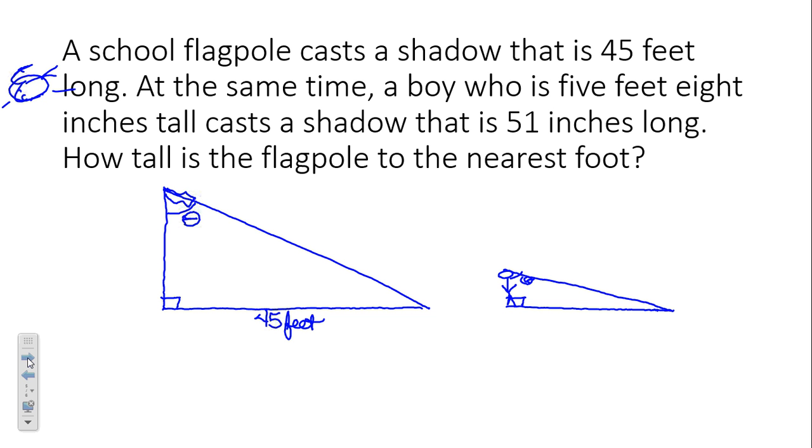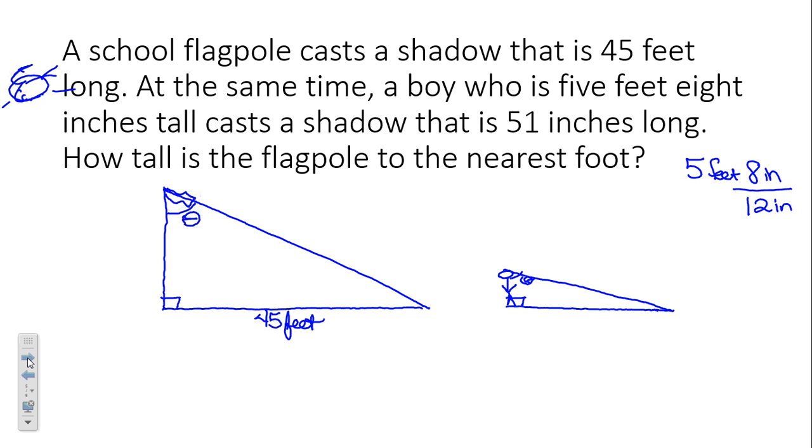A boy is 5 feet 8 inches tall. He's short, okay? Or you, taller than me, okay? So let's make that into a decimal because our calculators understand decimals. So 5 feet 8 inches is how much? Not 5.8.